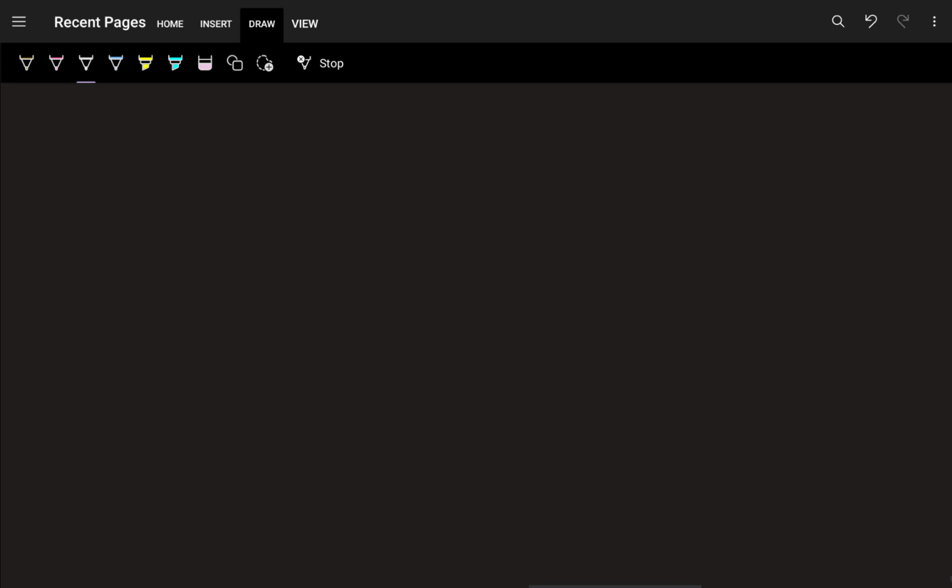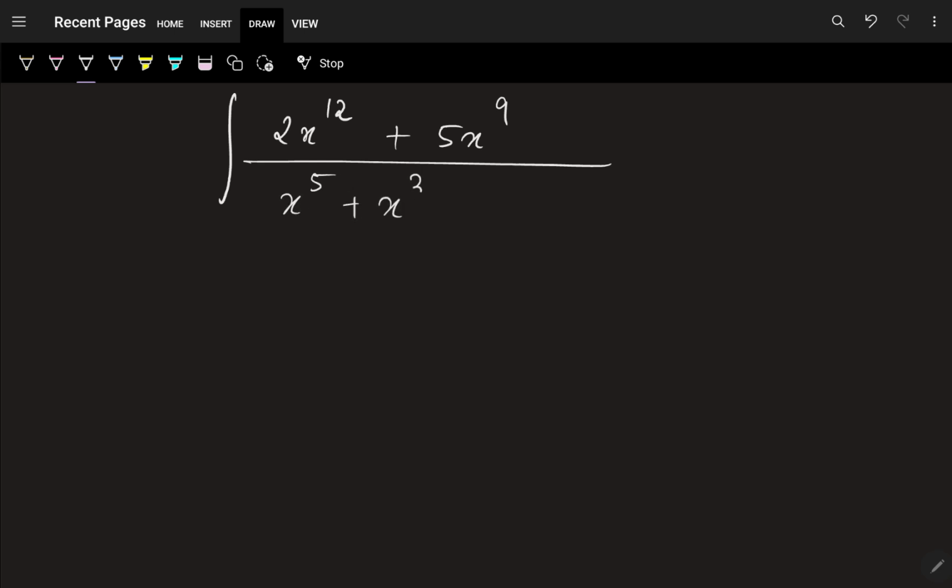So the question goes like integration 2x to the power 12 plus 5x to the power 9 divided by x to the 5 plus x cube plus 1 to the power 3 dx. So the idea is take x to the power 5 common from inside. So this is 2x to the power 12 plus 5x to the power 9.